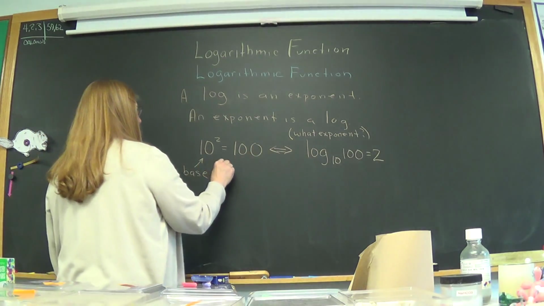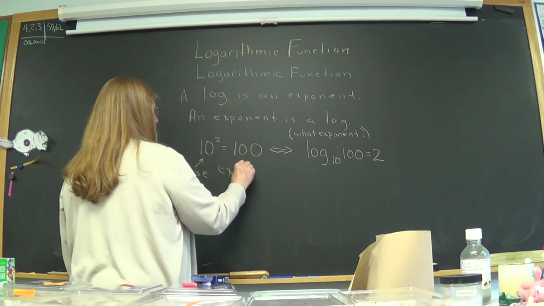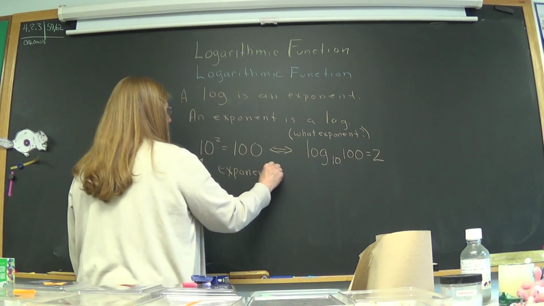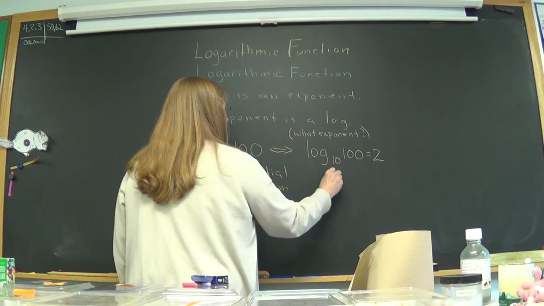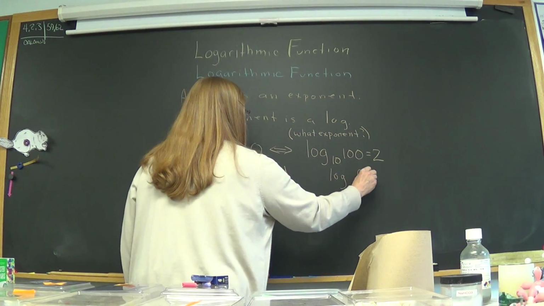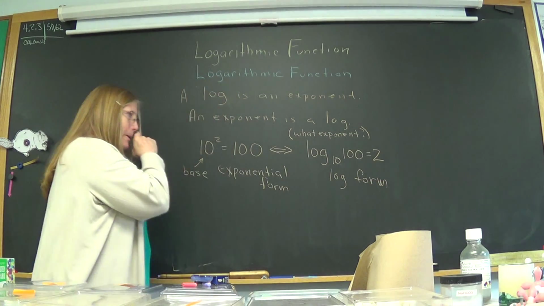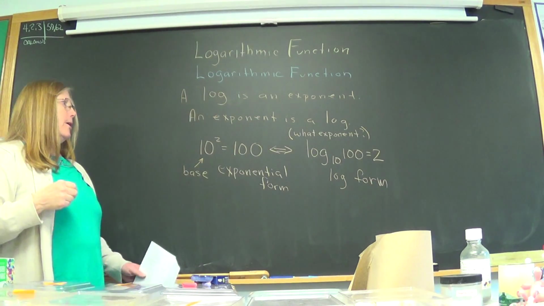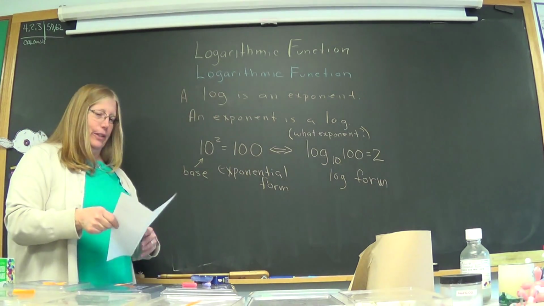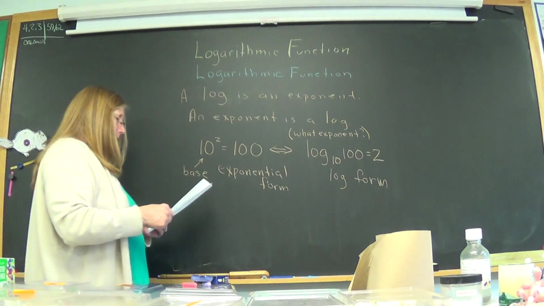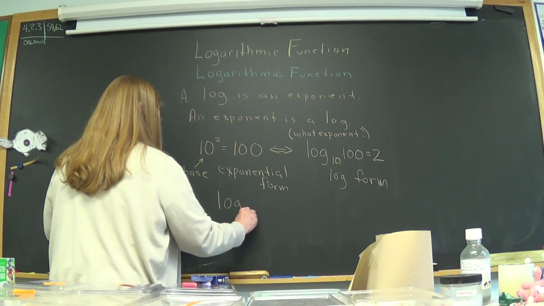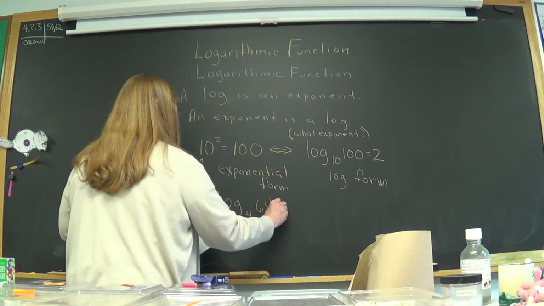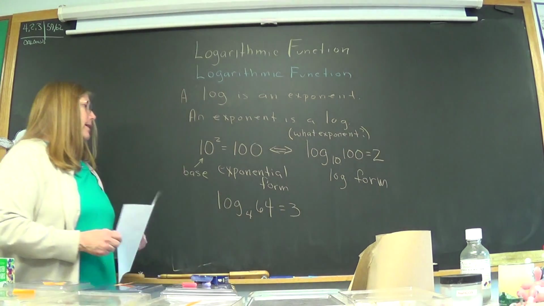We call this exponential form. We call this logarithmic form, or log form. I'll give you a couple, and I'll ask you to go from one form to the other so you get used to it. Let's say log to the base 4 of 64 equals 3.